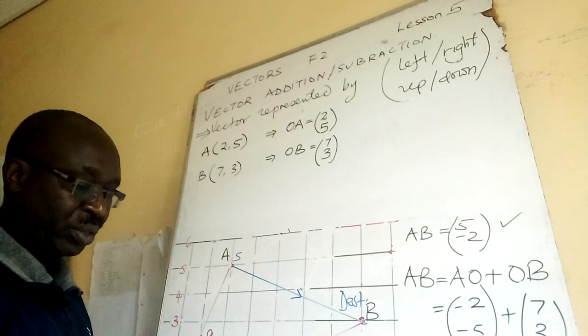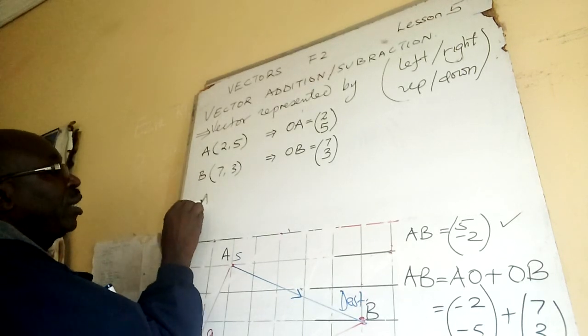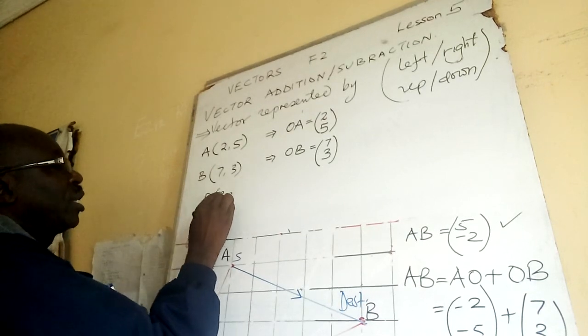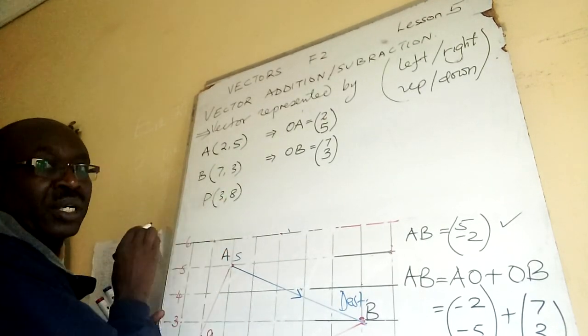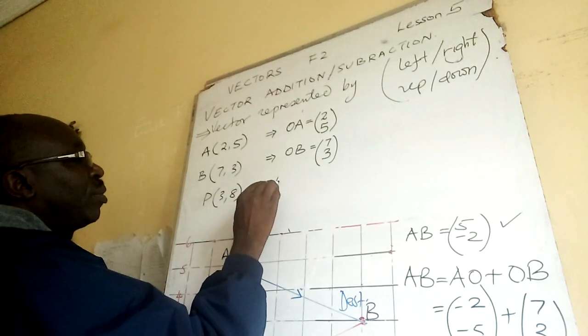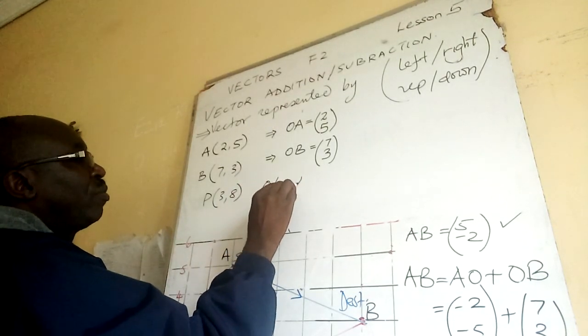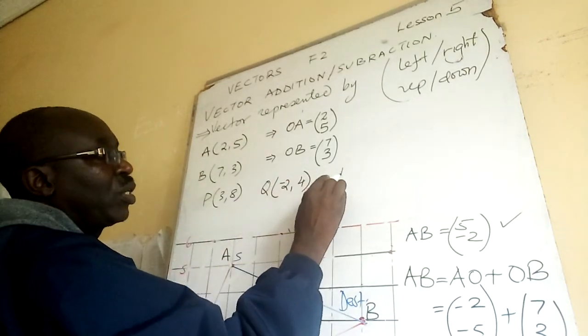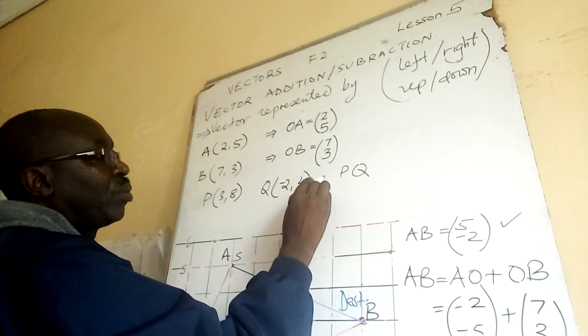So can I just give something here? What I'm talking about? If P is 3, 8 and Q is -2, 4. Okay? Then I ask you, what is PQ?